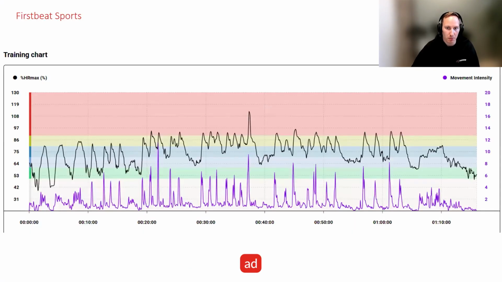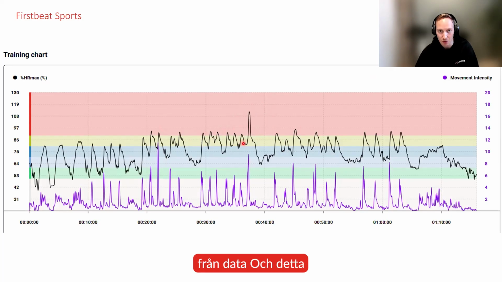So this is from a training, and here you can nicely see that there's an abnormal heart rate reaction. He is pushing his limit close to 100% of heart rate max, but here he is going clearly above 110% of his heart rate max, and that's abnormal. You can already see it from the data.